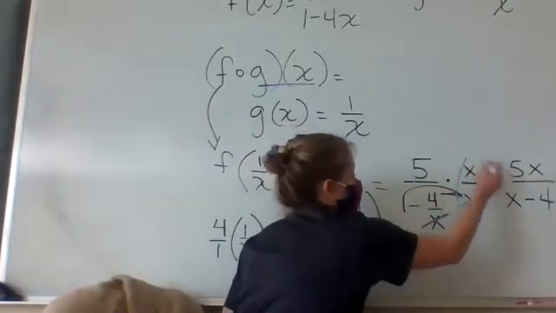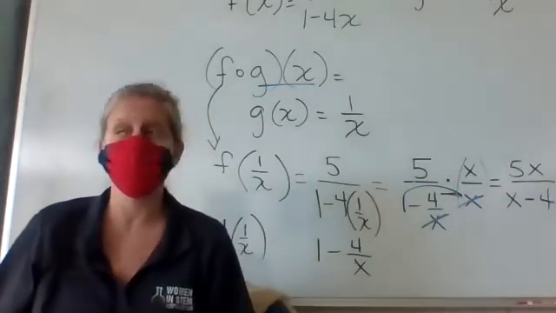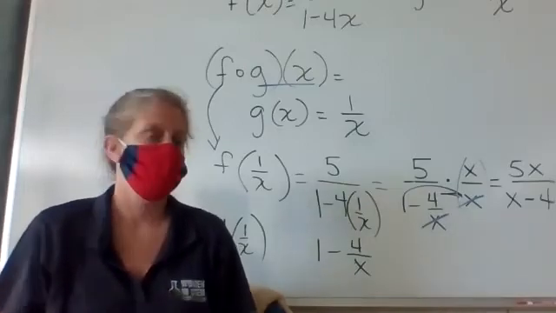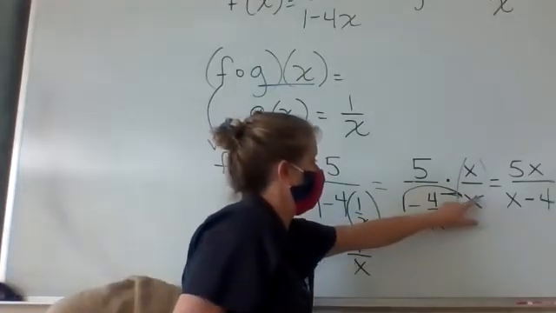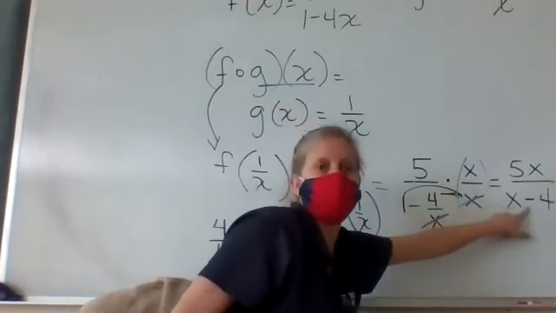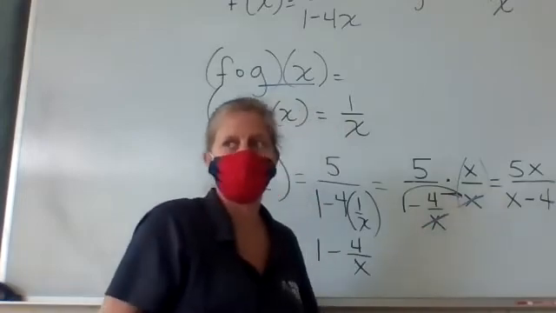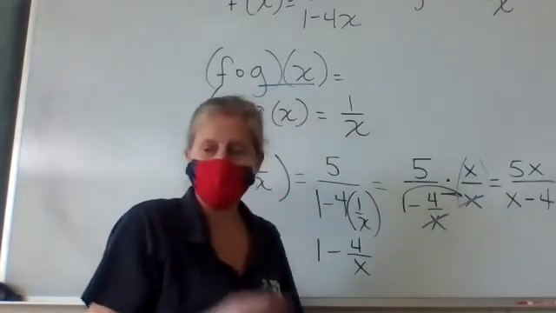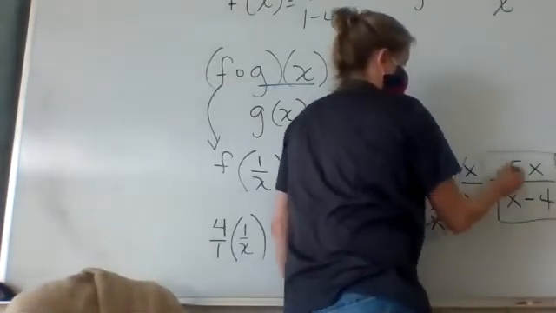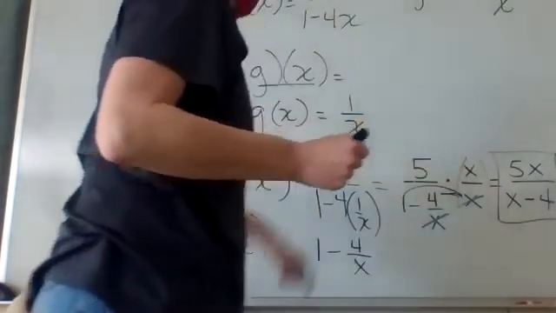This is just kind of a fancy 1, but it's still 1 because it's x over x. So I'm not changing the amount of it. That's why I can do it. And the reason was I wanted this x to cancel that one so that my denominator is not a fraction anymore. Okay, so that's the answer. 5x over x minus 4 is the answer of f of g of x.